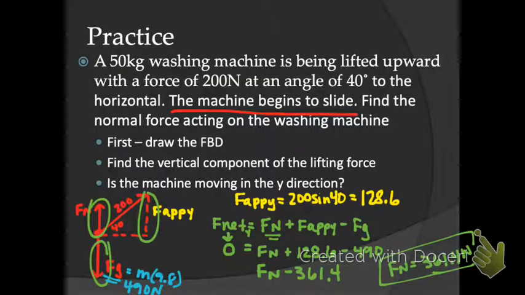Okay, do you remember what we talked about? What would happen if my normal force came out negative? Is that a possible scenario for a normal force? Could my normal force come out negative? What do you think?